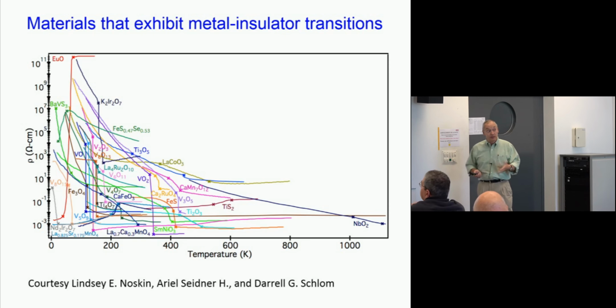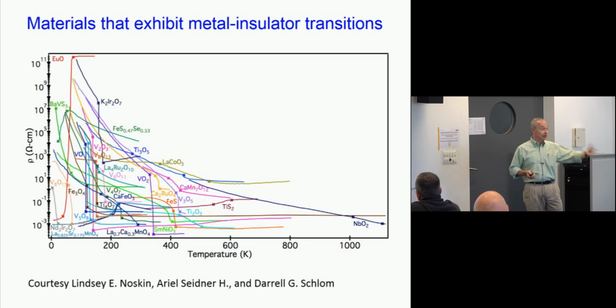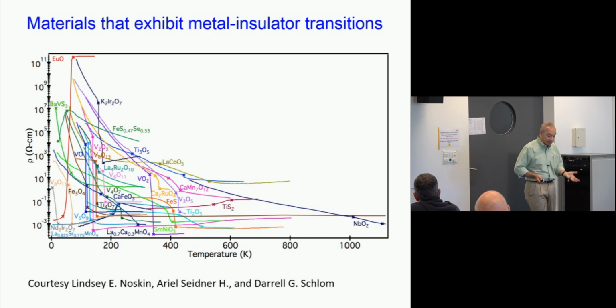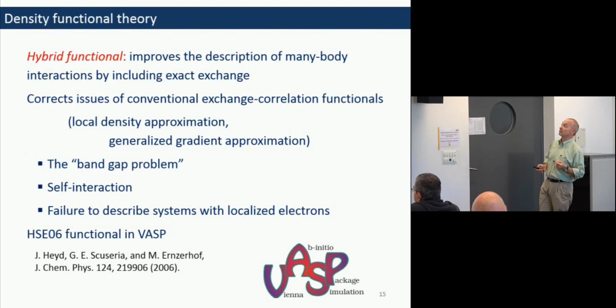And so people are really interested in being able to screen materials either experimentally or computationally based on their properties with regard to this metal-insulator transition. And this is why being able to determine what the size of that gap is that makes it an insulator is an important problem.